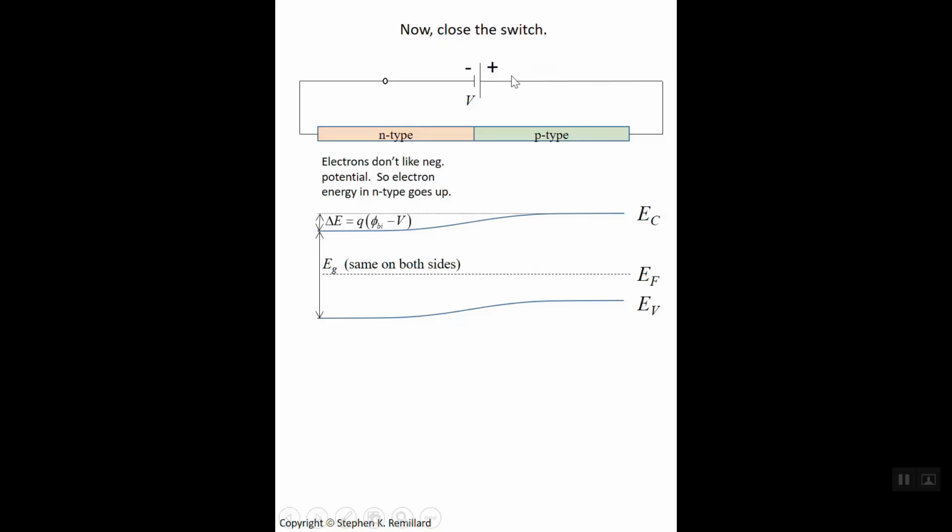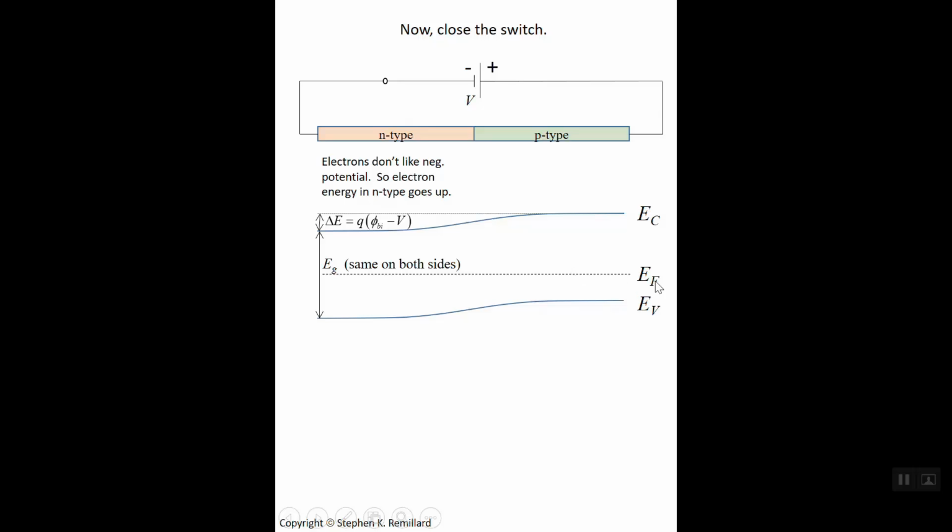This bias condition is referred to as forward bias, where you put the positive voltage on the P side and the negative potential is in contact with the N side, and current goes through much more readily. I drew the Fermi energy as still horizontal. That's not really right. If you have a significant amount of current going through the junction, it will change shape, and that will be a subject that we will consider extensively later.